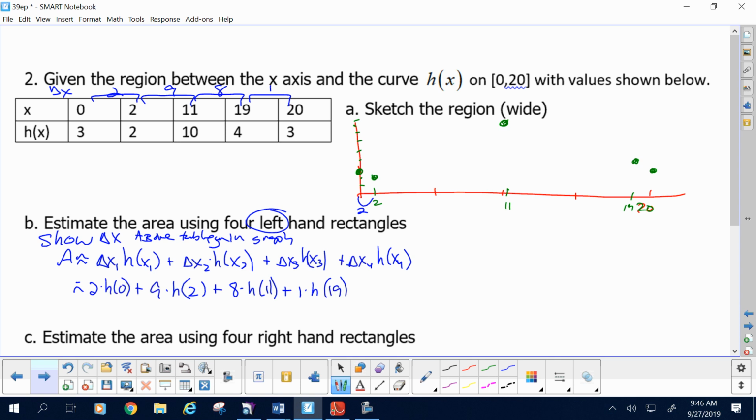Yes, okay. So after that, it's going to the table: 2 times h at 0 is 3. 9 times h at 2 is 2. 8 times h at 11 is 10. And 1 times h at 19 is 4. So I am something like 6 plus 18 plus 80 plus 4.